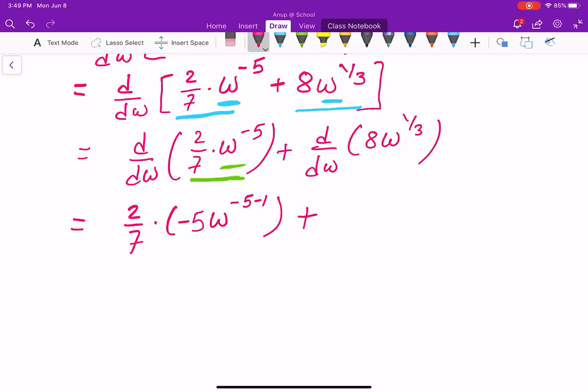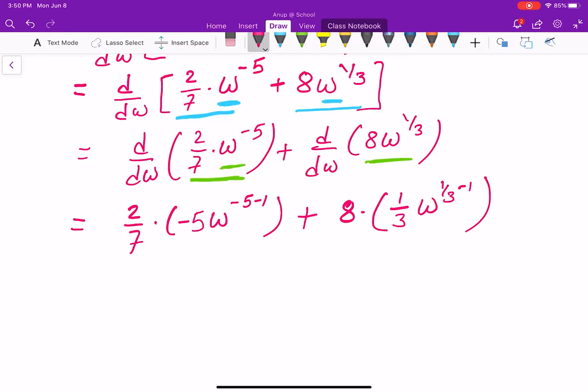In the same way, we can find the derivative of 8 times w to the power 1/3. As it is a constant, write it down as it is, times the derivative of w to the power 1/3, which will be 1/3 as it is, and then w to the power 1/3 minus 1, right? So by using the power rule.